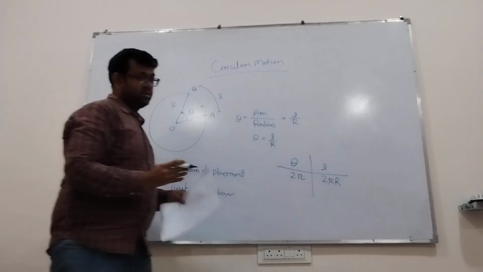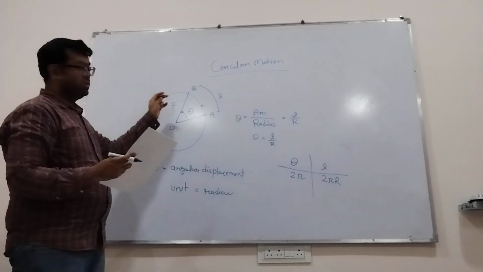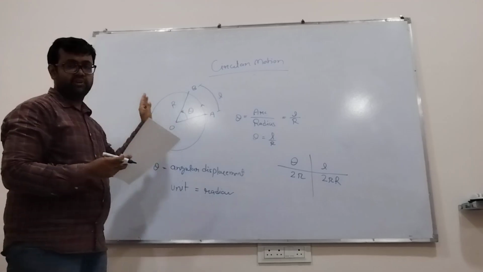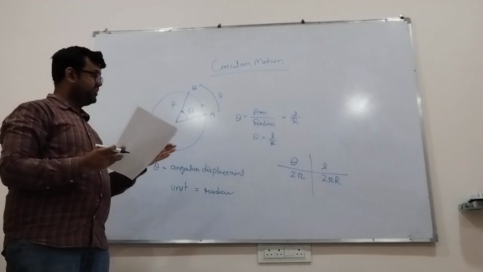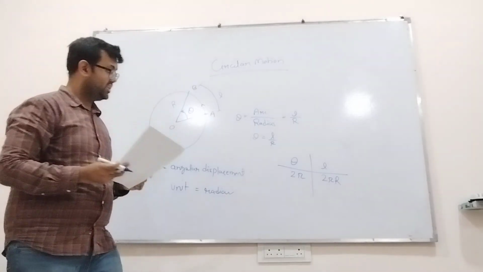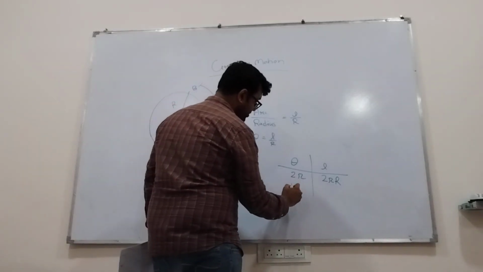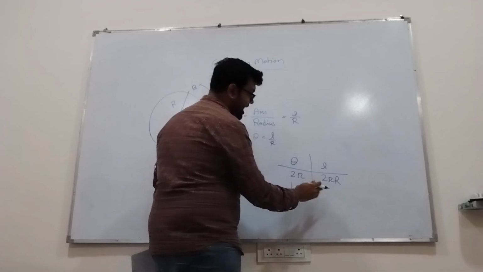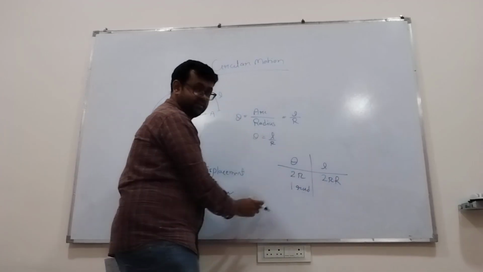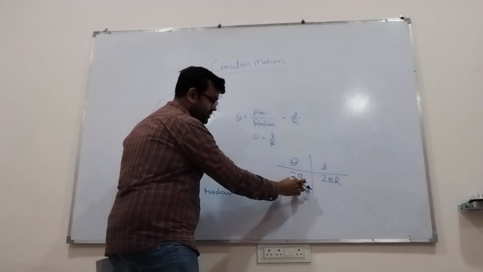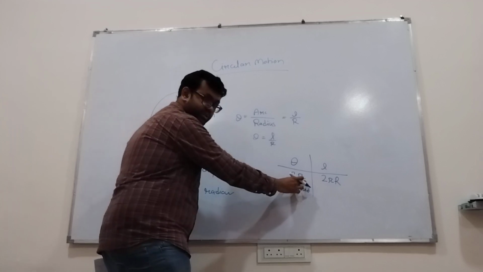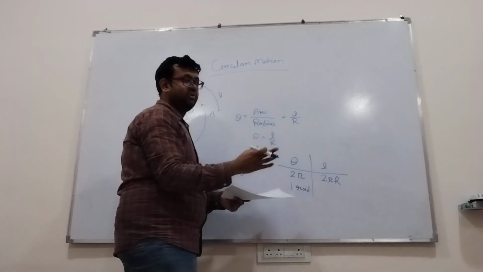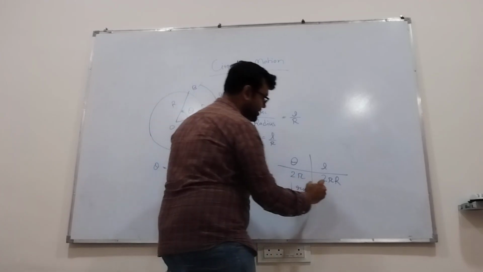So now suppose the object has moved only 1 radian, then how much distance will it cover when it moves 1 radian only? I will divide this length with this angular displacement 2 pi, then the distance it has covered in 1 radian will come, right?